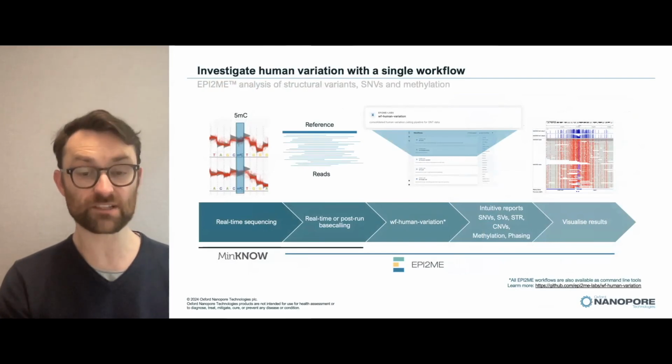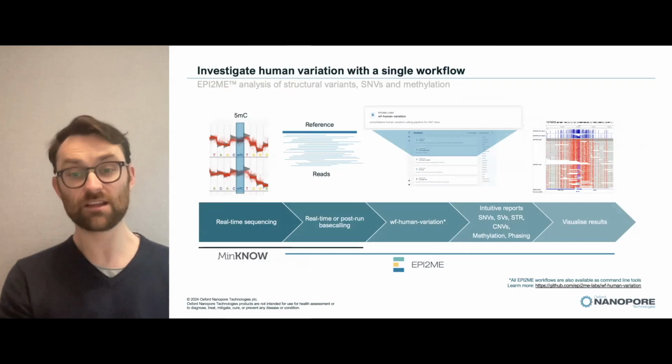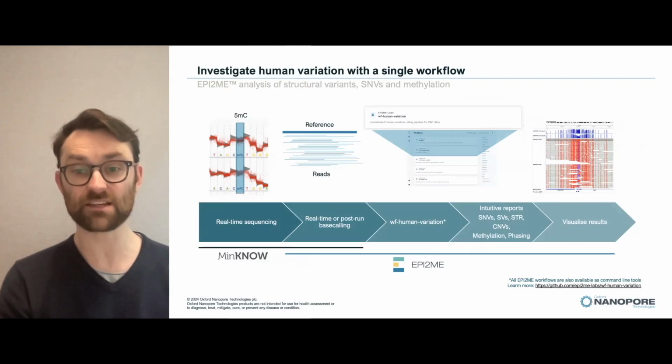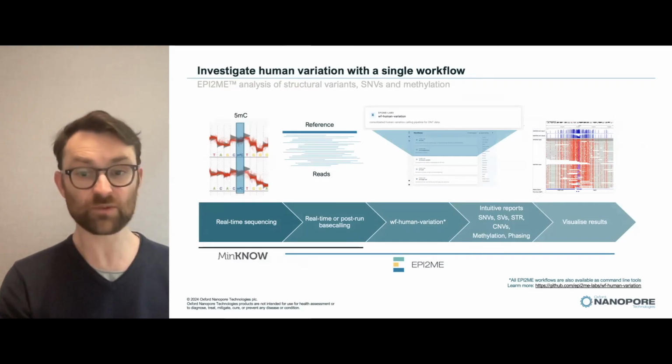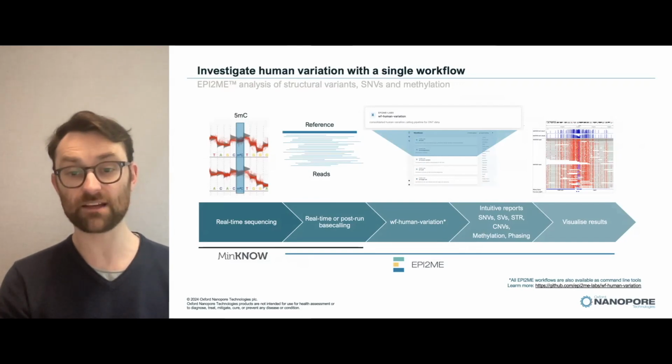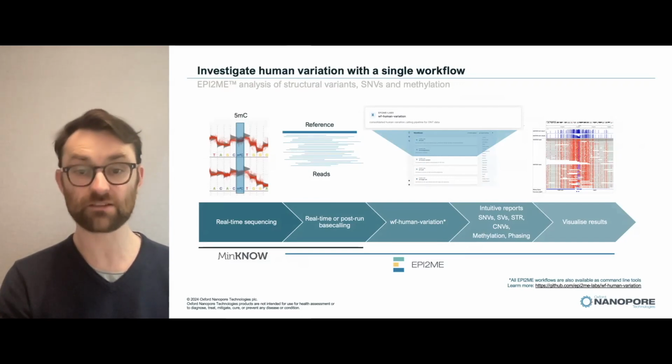The way it works is that you point your FASTQ file to the software, and it will output a nice HTML report depending on the type of analysis you choose. We can do SNVs, SVs, STRs, as well as copy number variation.